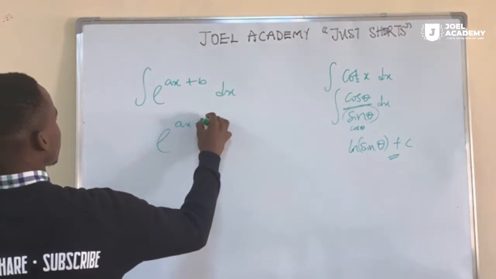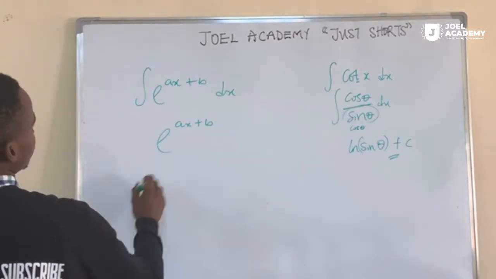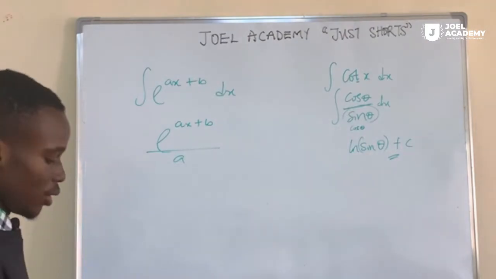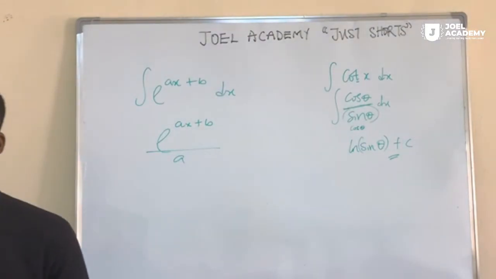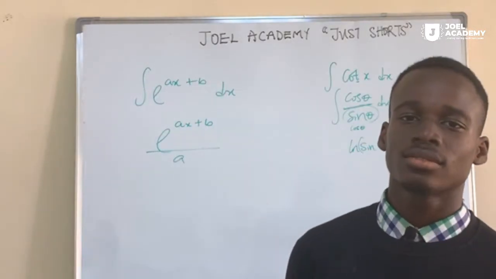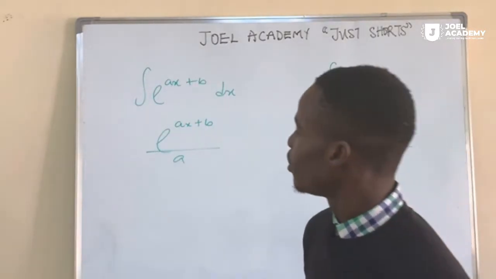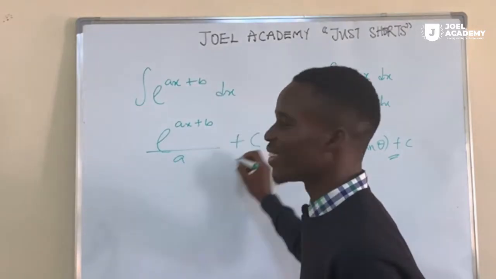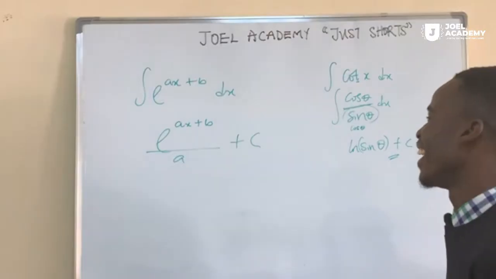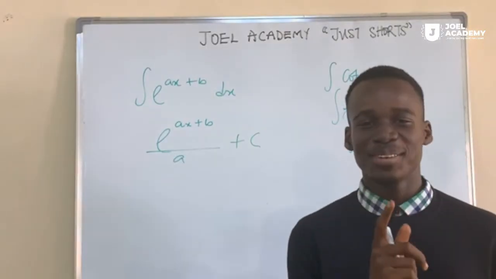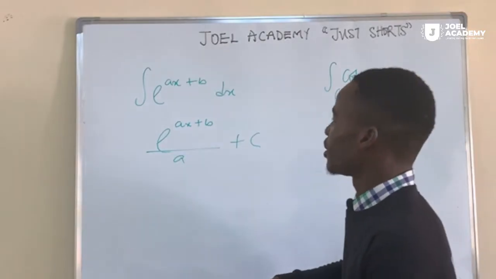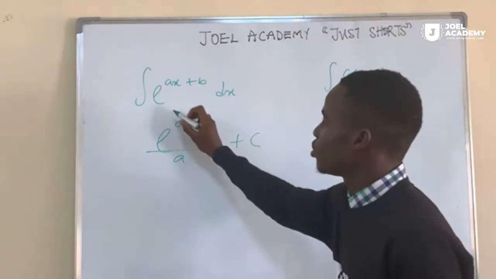Exponential ax plus b over a. Okay, that's really nice. But do you know that without having a C, the answer is wrong? So please, very important, you must put a C. So very correct.